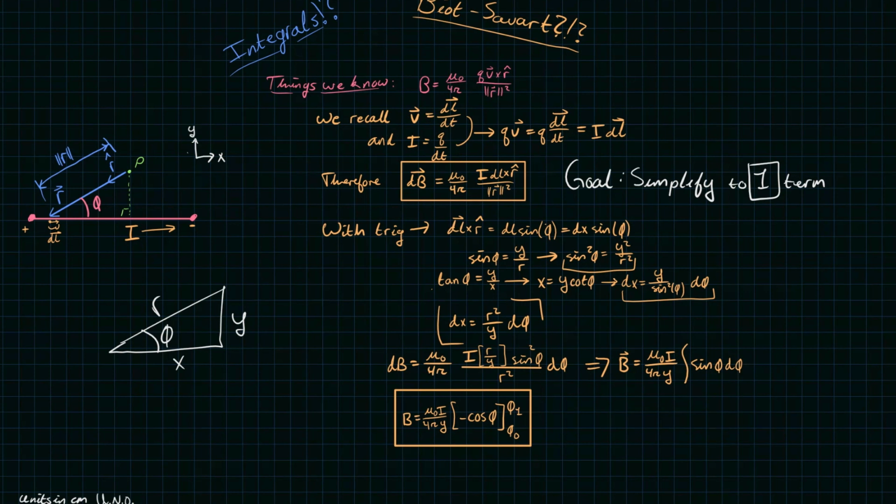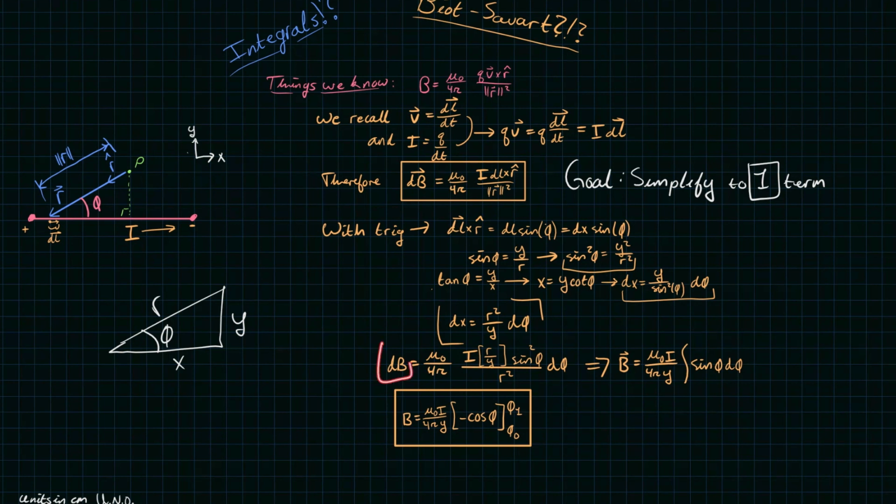So it comes out to be y over sine squared phi d phi, since we took the derivative with respect to phi on the right side. So if we substitute in this sine squared into this sine squared and reduce, we're left with dx is equal to r squared over y d phi. There's no phi terms in here. I know it's confusing. I promise it simplifies out.